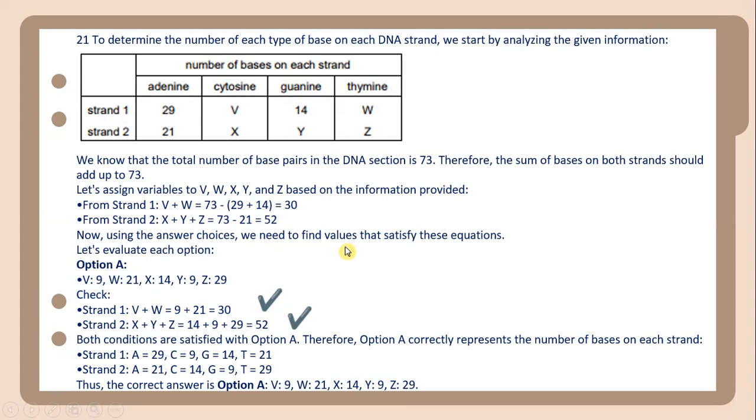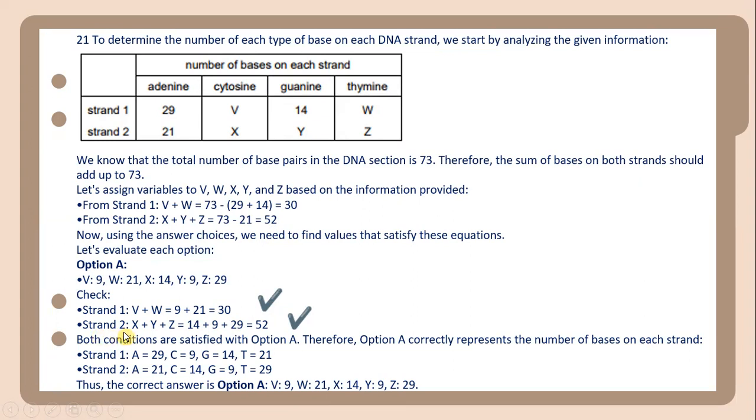Let's evaluate each option. Option A, given V is equal to 9, W is equal to 21, X is equal to 14, Y is equal to 9, and Z is equal to 29. Let's recheck. Strand 1, V plus W is equal to 9 plus 21, you get the value of 30.